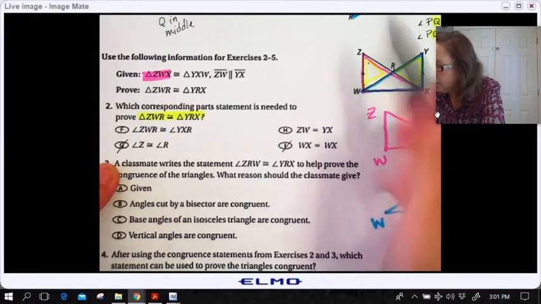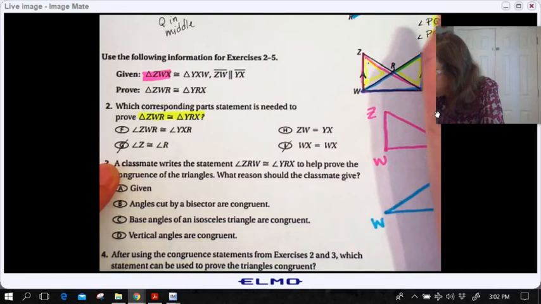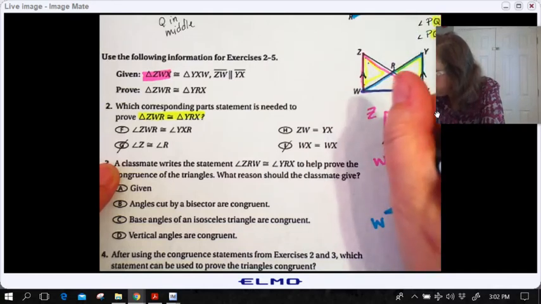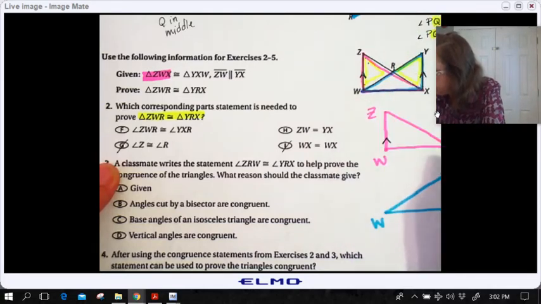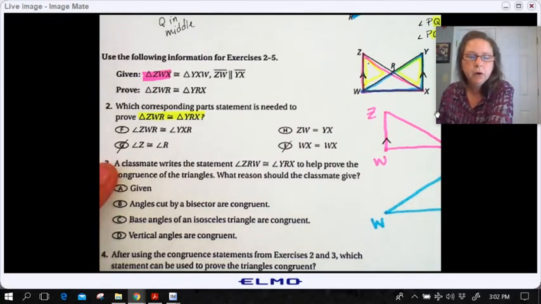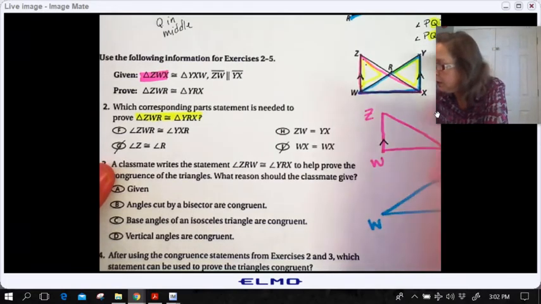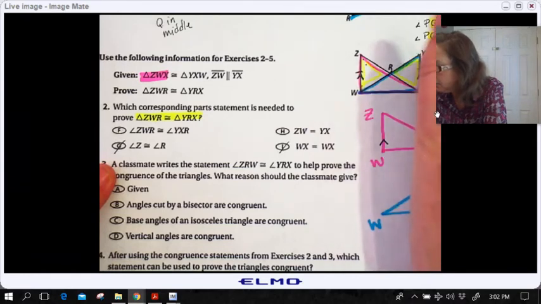Okay. So I know that these are parallel as it is. Let me make that a little bit bigger. ZW and YX. Okay. What's going to be most helpful here in which corresponding part statement is needed to prove these triangles is going to be ZW is congruent to YX.